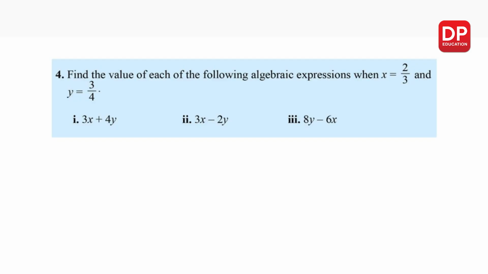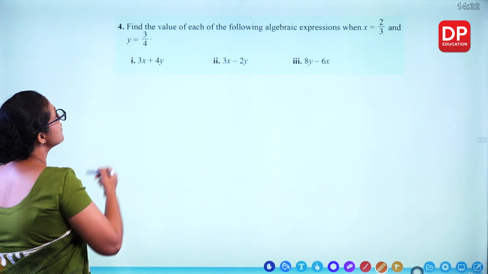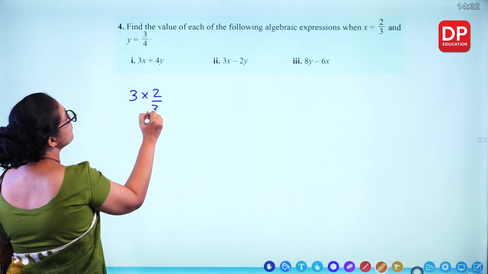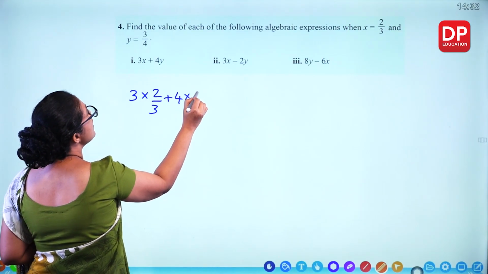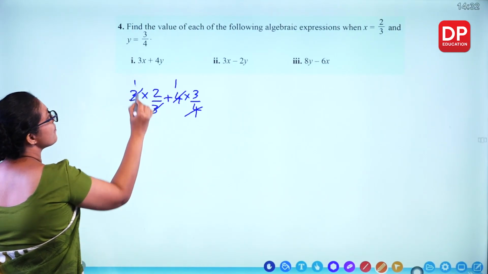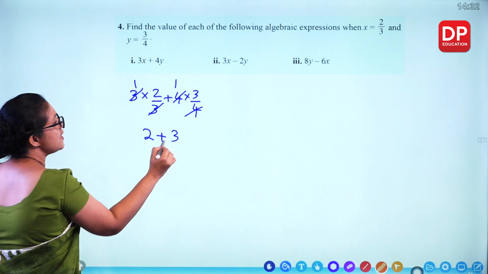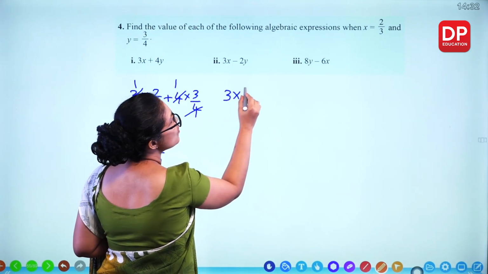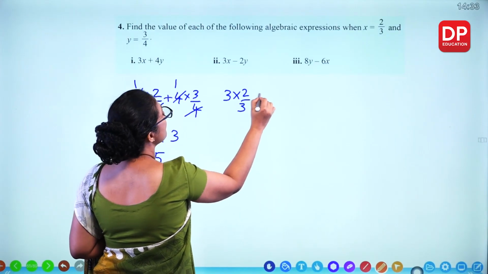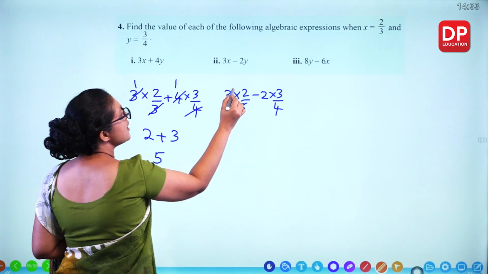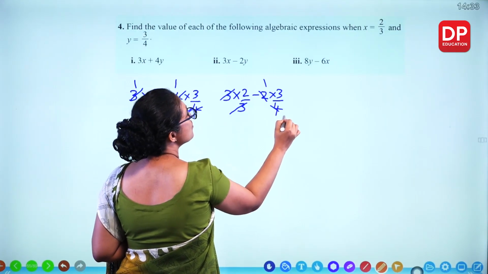Find the value of each of the following algebraic expressions when x equals 2/3 and y equals 3/4. X is 2/3. Y is 3/4. Simplify first. So you get 2 plus 3, that's 5. 3 times x, what's x? 2/3. 2 times y, y is 3/4. 3 and 3, 2 times 1, 2 times 2.